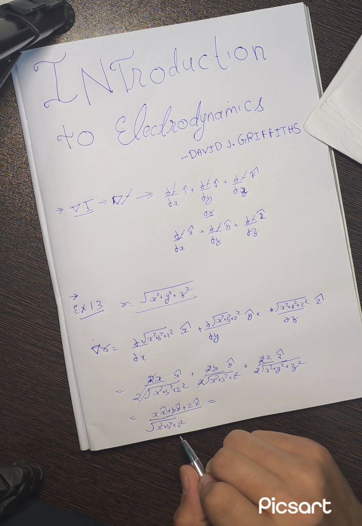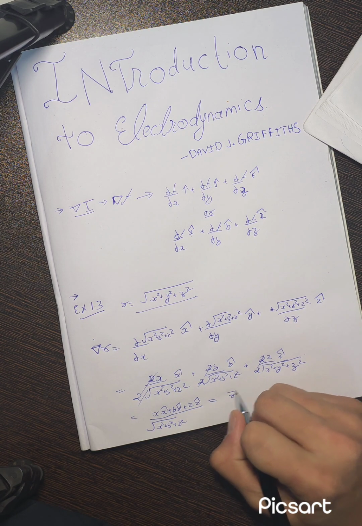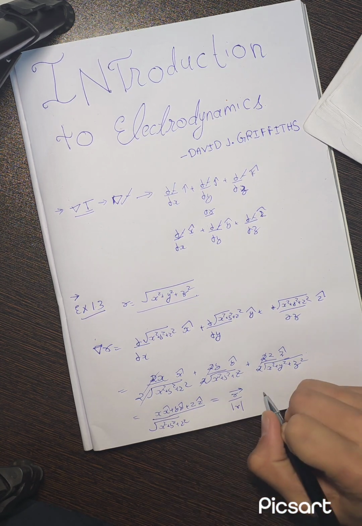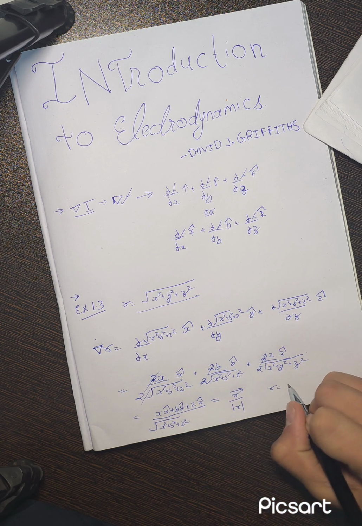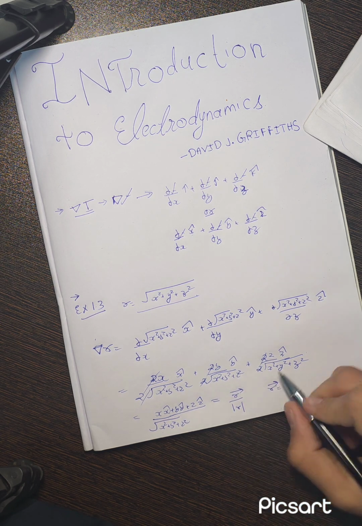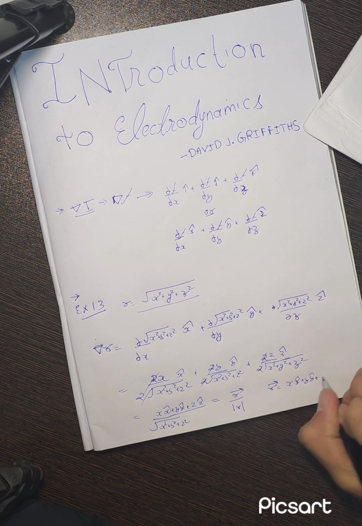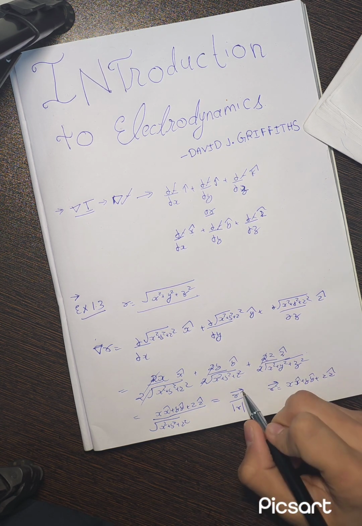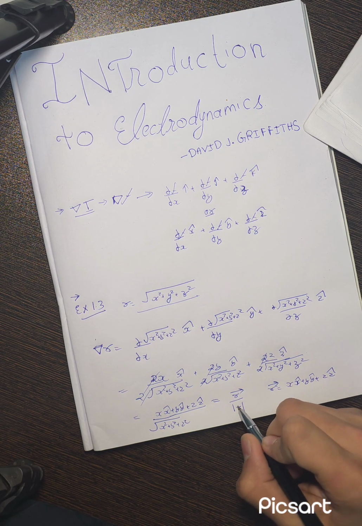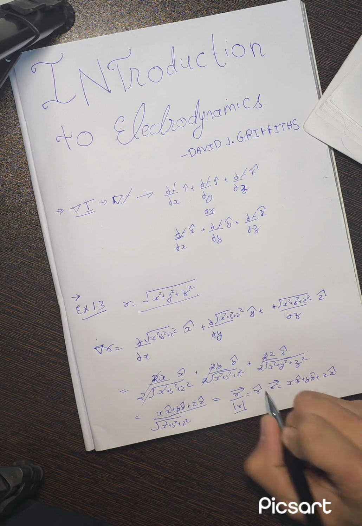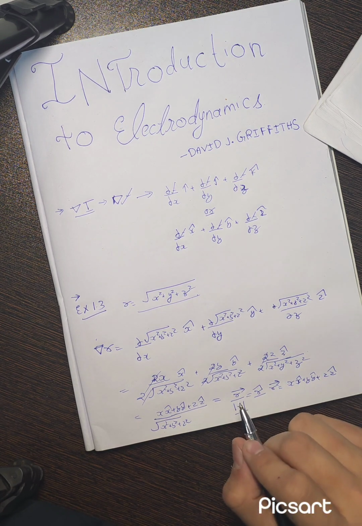The top is the r vector and the bottom is mod r, where vector r precisely equals x x cap plus y y cap plus z z cap. So this is r vector by modulus of r, which we can write as r cap, the direction vector of r.